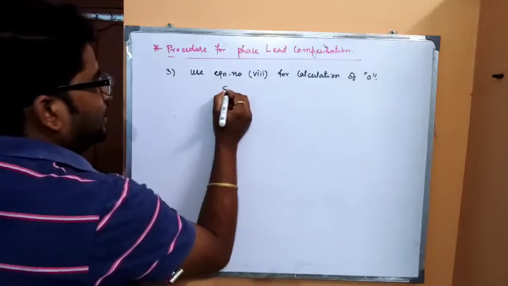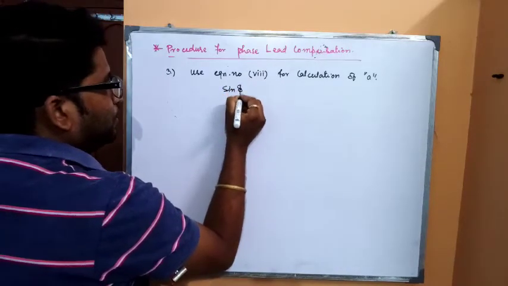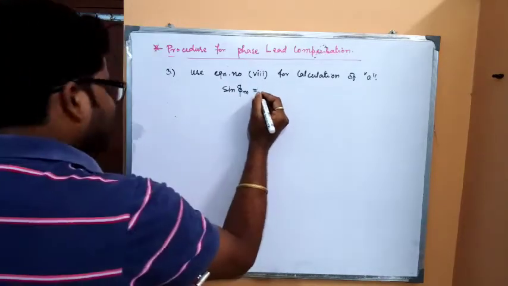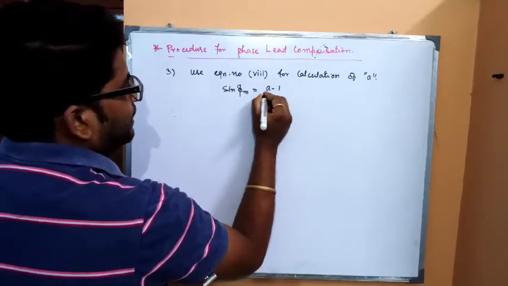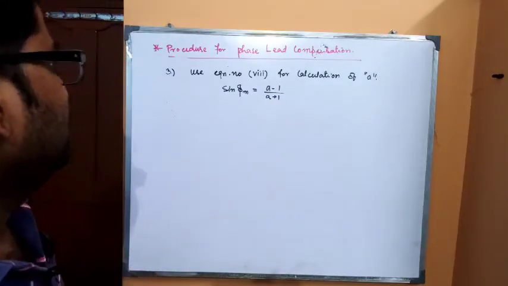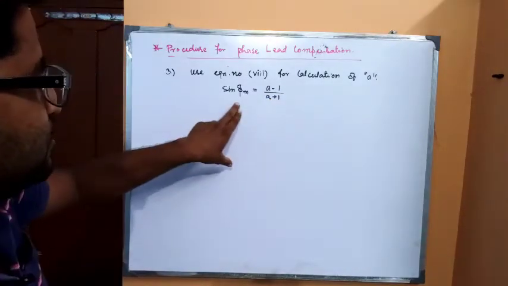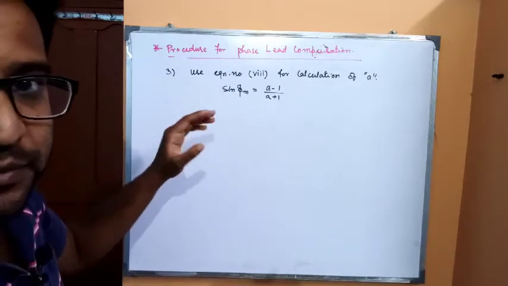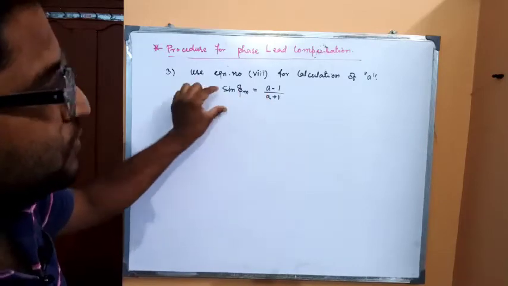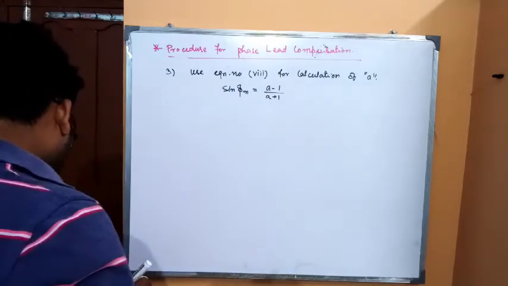We have already observed that it is given as sine of phi of m is equal to a minus 1 divided by a plus 1. This is equation number 8. So from this expression, if we know the value of phi m from step 2, then we can calculate the value of a from this equation. This is step number 3.